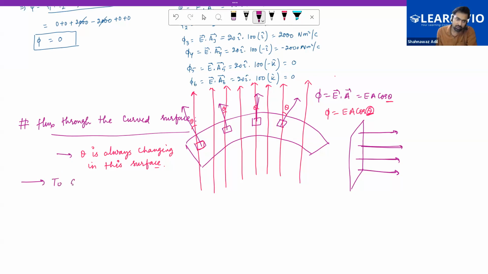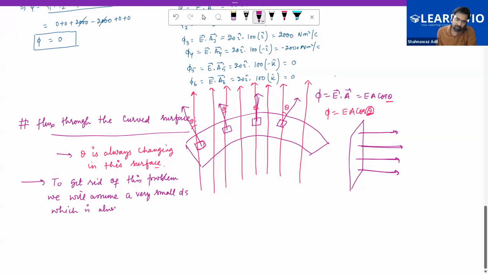To get rid of this problem, we will assume a very small area, let's say dS, which is always in the direction of the electric field.